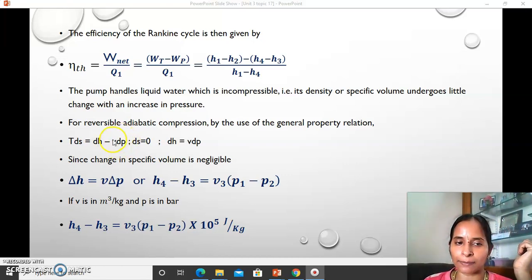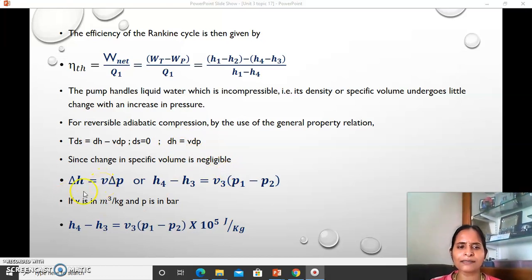Del W for steady flow processes or open systems is minus VdP. When the pump works isentropically, dS becomes 0. So dH equals minus VdP. So how can you find the change in enthalpy? Del H is equal to VdP.